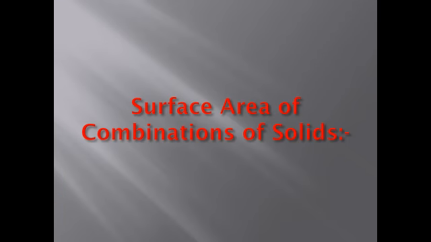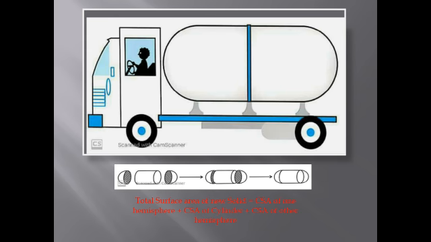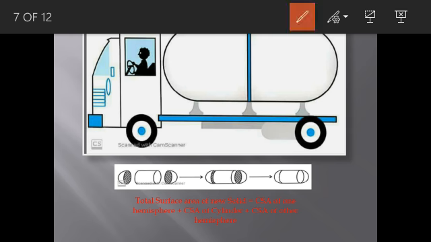Moving forward, surface areas of combinations of solids. So in everyday life we have seen this type of vehicle moving on the road. So this vessel can be divided into 3 parts.